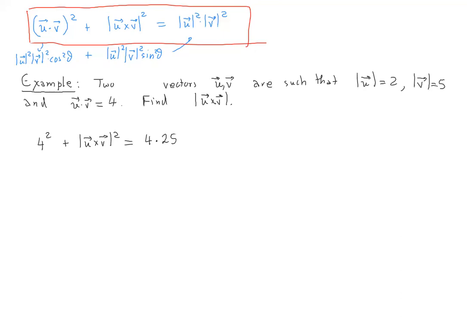So this will give you that u cross v squared is 100 minus 16. That's the same thing as 84. And eventually you're going to get that the magnitude of u cross v is equal to the square root of 84.